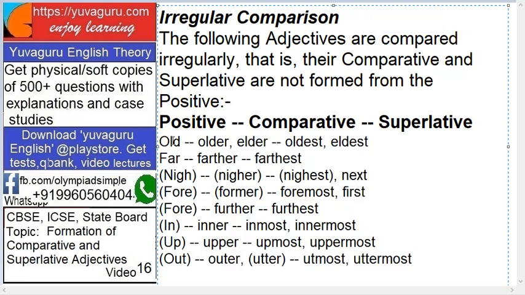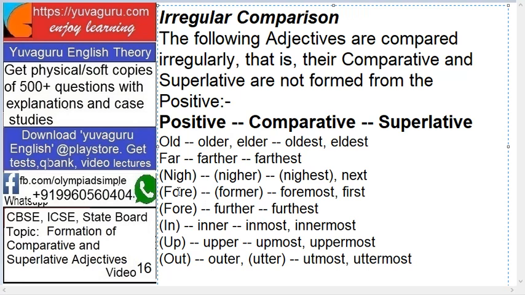See these also. Old, older, elder. Then oldest, eldest. He is old. Then while comparing, do you say among the two brothers he is older? No, you say elder. And you say eldest. Right? Far. So farther, farthest. Nigh, nigher, nighest. So next it's actually.